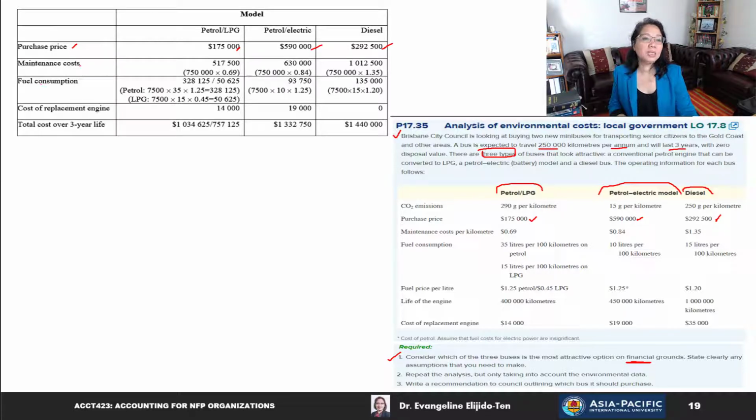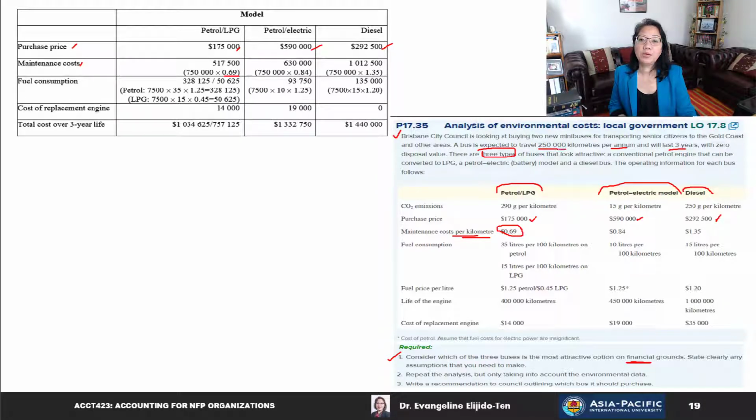What about maintenance costs? Well, they told us that in the petrol LPG, the maintenance cost is 69 cents per what? Per kilometer traveled. So it's 69 cents multiplied by 750,000 kilometers. Why is that?